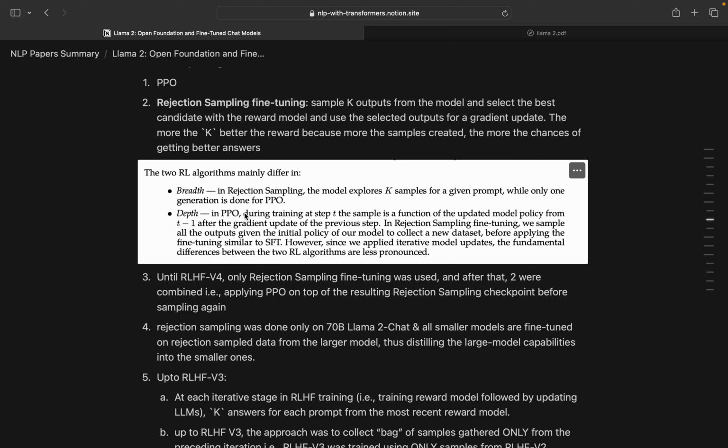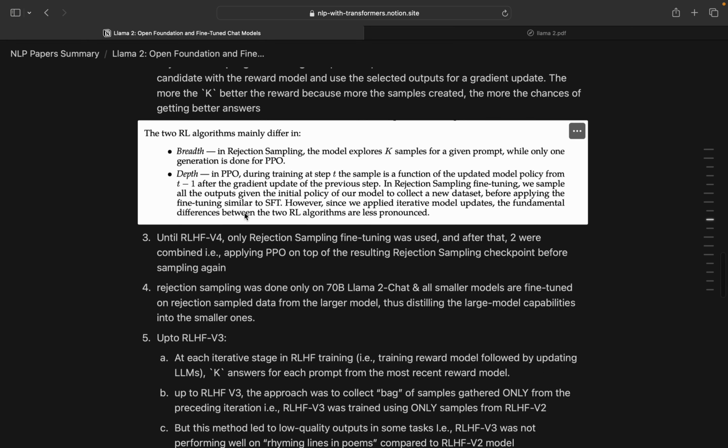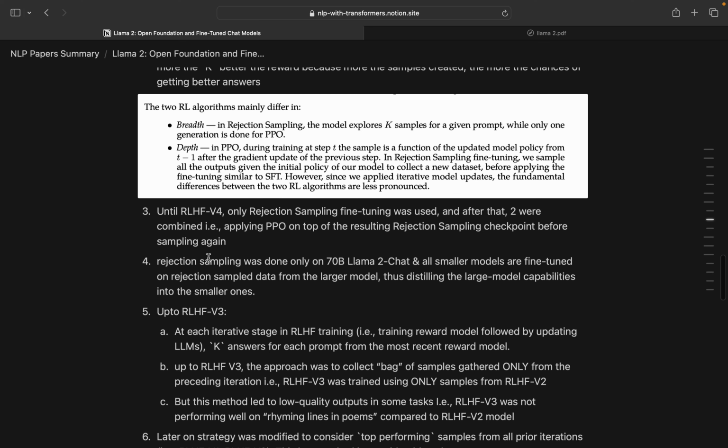Whereas in rejection sampling, you take a number of outputs, maybe K could be 50, 80 or 100, from the same model but with varying temperature, and then you apply the reward model to select one output which will be useful for the gradient update. But more or less it's going to do similar stuff, and this is also quoted in the paper: the fundamental differences between the two RL algorithms are less pronounced.